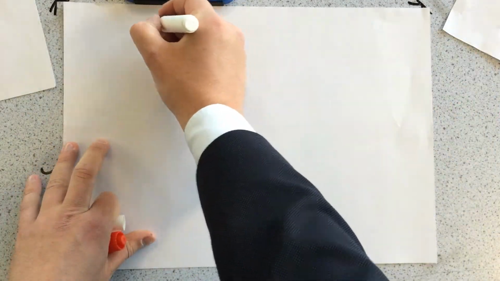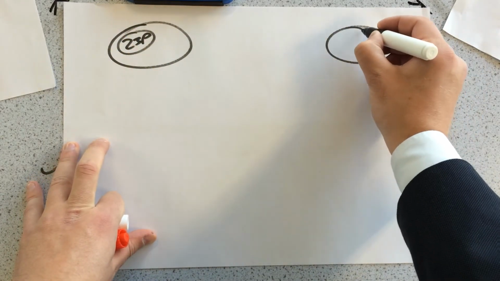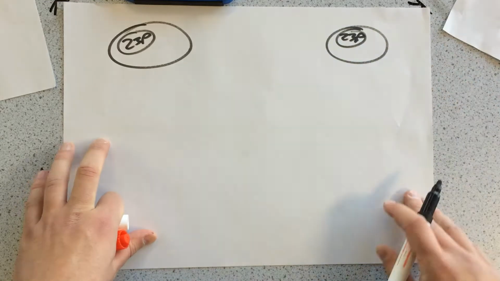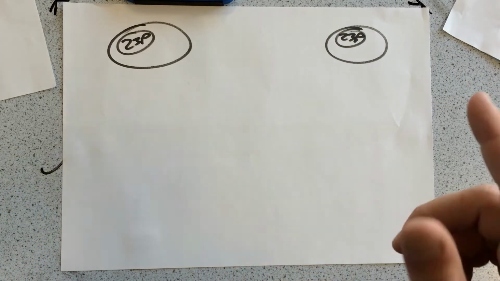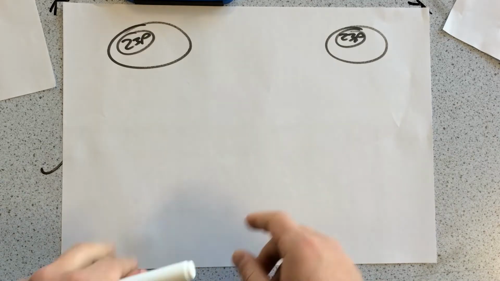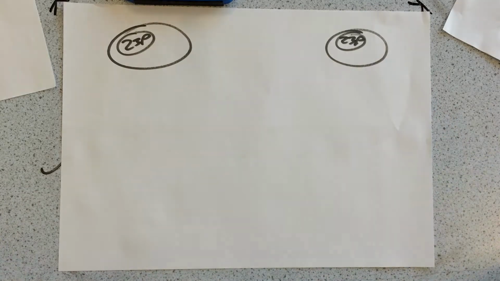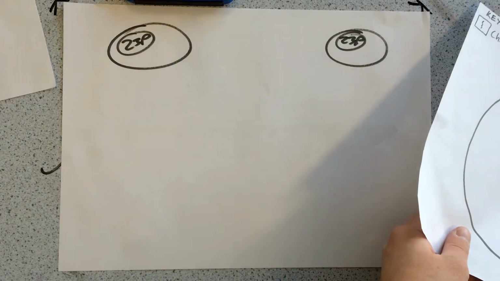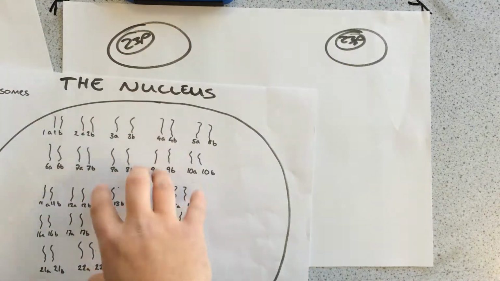So here we go, I've got my 2 daughter cells, 23 pairs of chromosomes. And we're going to go through a second division. This second division is different to the first one though, because there's going to be no duplication of DNA. So I've just got a normal cell that looks like that. 23 pairs of chromosomes.